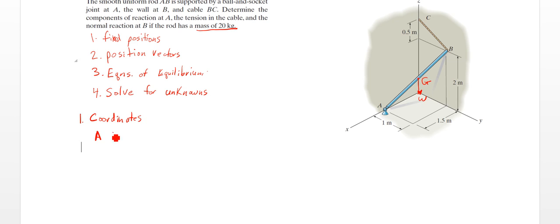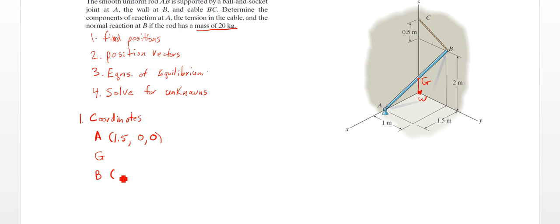So A has coordinates of, it's right on the x axis here, so it's moved out 1.5 in the x direction. In the y it's moved 0, and in the z it's still at the floor, so it's also 0. Point G, which is our center of gravity, is going to be halfway between that and B. Come back to that in a moment.